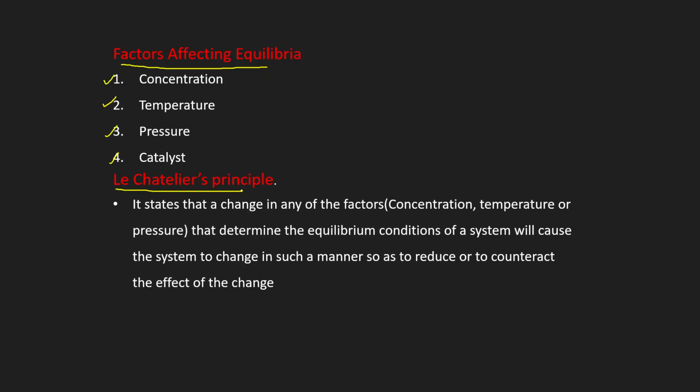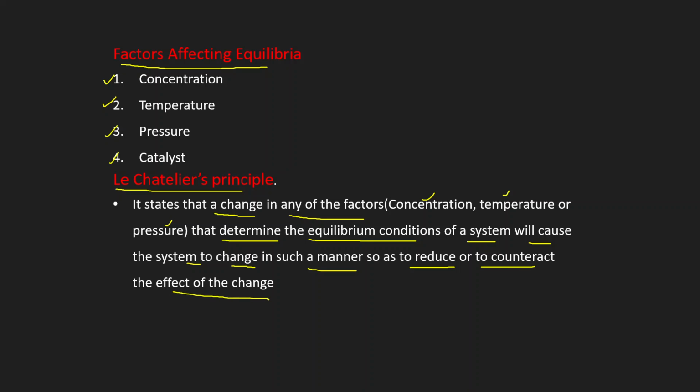Now, what is its statement? It states that a change in any of the factors like concentration, temperature, or pressure that determine the equilibrium conditions of a system will cause the system to change in such a manner so as to reduce or to counteract the effect of the change.